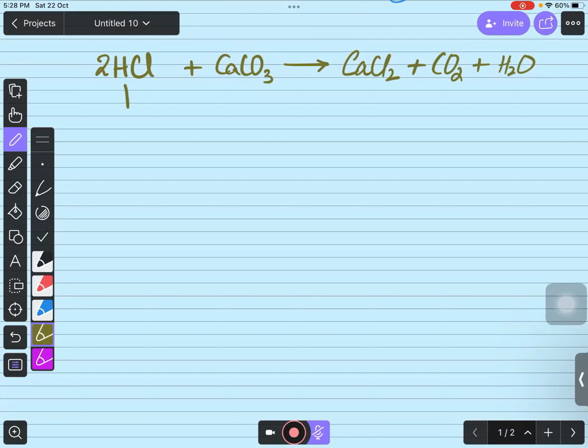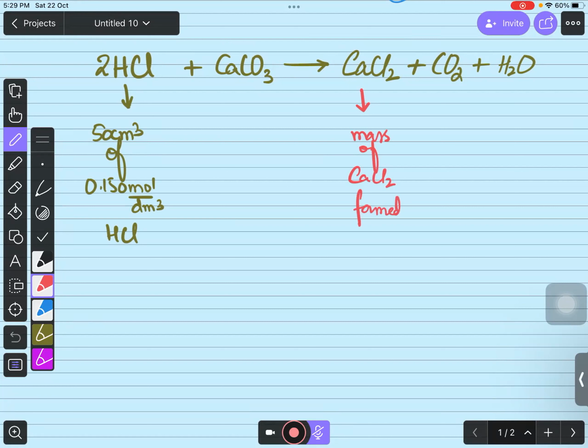So for example, I just want to give you 50 cm³ of 0.150 mol/dm³ HCl. This is the HCl solution that I gave you. Now what I am asking is to calculate the mass of calcium chloride formed.